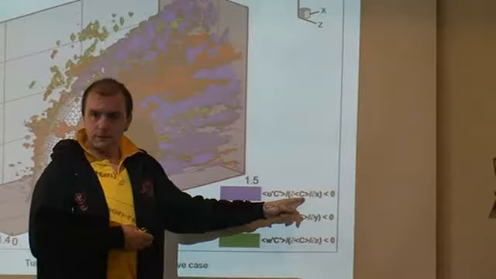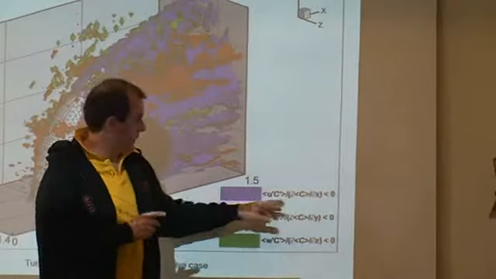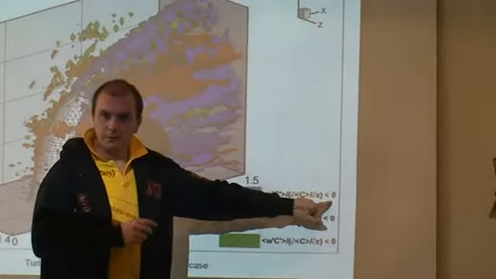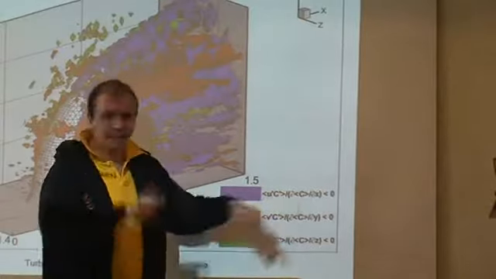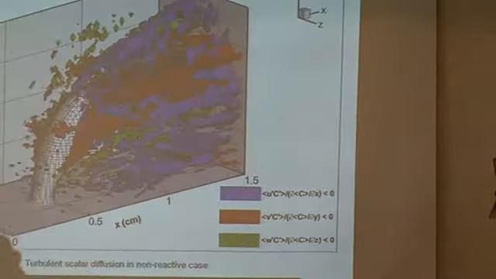So the gradient of C mean in this direction, so this divided by this, it's negative. And this is the D that you have in the minus D gradient assumption. But dC over dx was always positive. No, the ratio is negative. Only the ratio is negative.